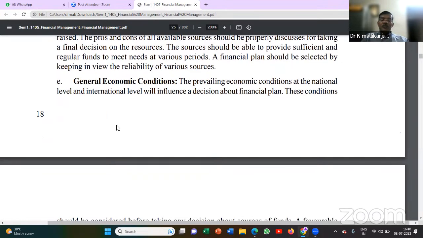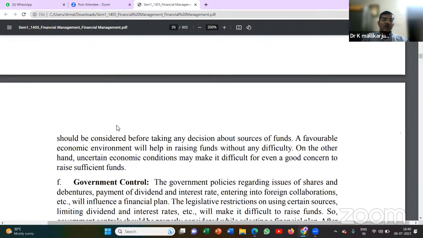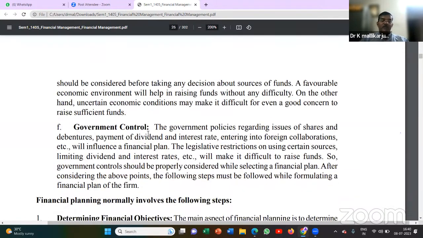General economic conditions are nothing but the purchasing power of customers, employment, liquidity problems, bank interest rates, government regulations, and so many factors also influencing the company's business and financial planning. Government control: the government is always keeping an eye on every business.